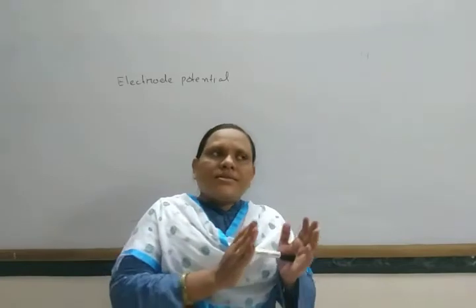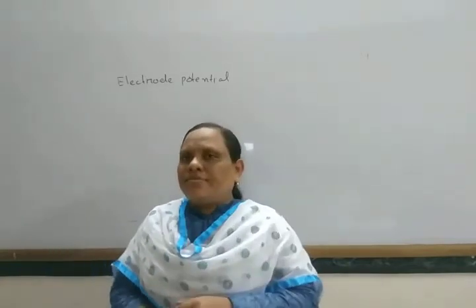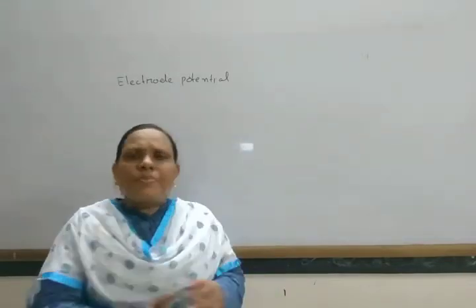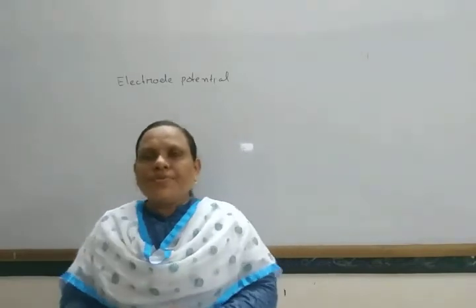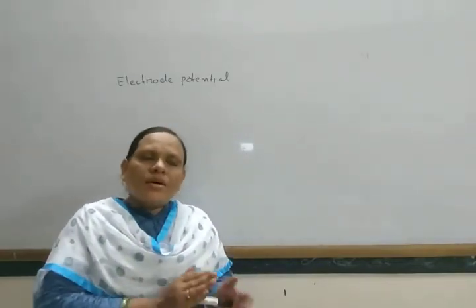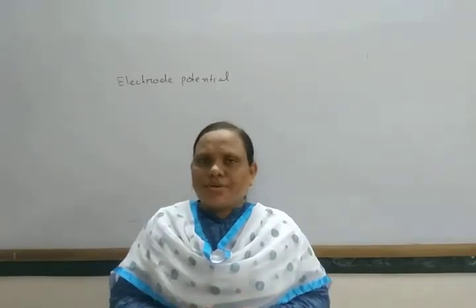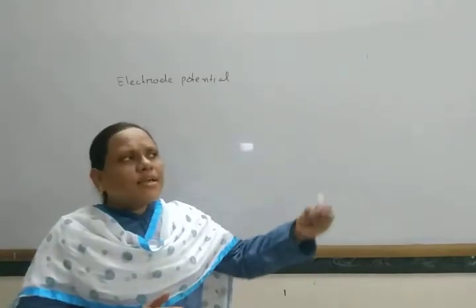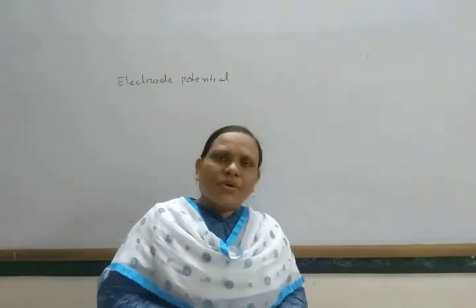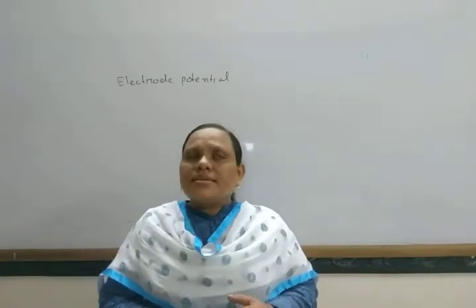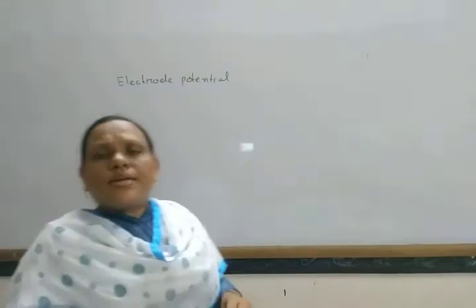One is the zinc copper sulfate system, another is the copper and silver nitrate system. In the zinc copper sulfate system, the copper rod acts as cathode, whereas in the copper and silver nitrate system, the copper rod acts as anode. So whether the same electrode can act as cathode or anode, whether it has the tendency, can be known by the term electrode potential.